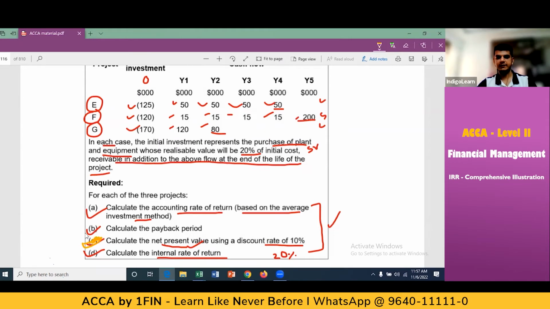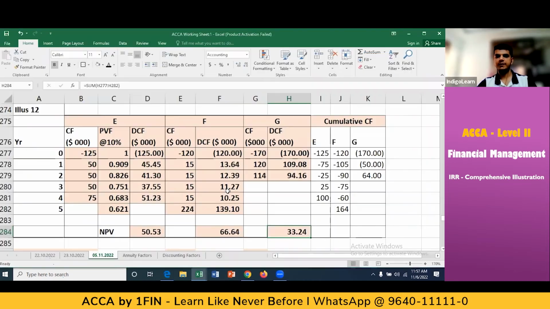Next is payback period. Okay, payback period, for that we require cumulative cash flow. So we'll just calculate cumulative cash flow. That is none other than the initial net cash flow plus current year cash flow. So first is this, then just adding the cash flow and getting the net amount, then next year and last year.